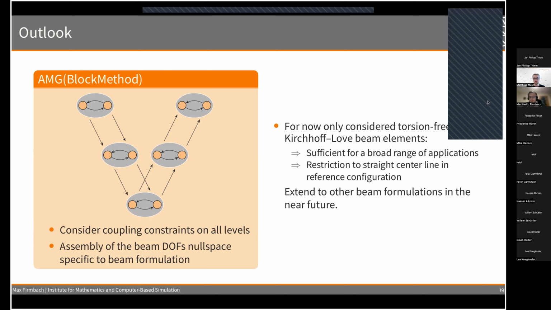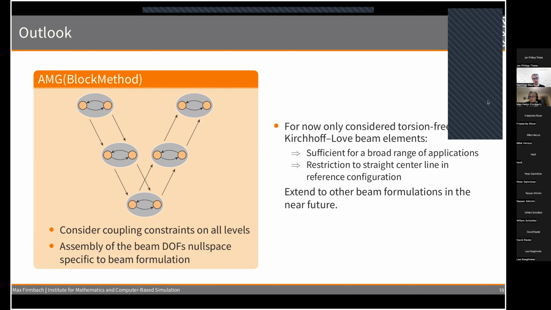And the little tricky part is also the assembly of the beam degrees of freedom null space, which is highly specific to the beam formulation. So for now, we only consider torsion-free Kirchhoff-Love beam elements. And as you've seen, I think they're sufficient for a broad range of applications. But a problem is that they are restricted to a straight center line in reference configuration.